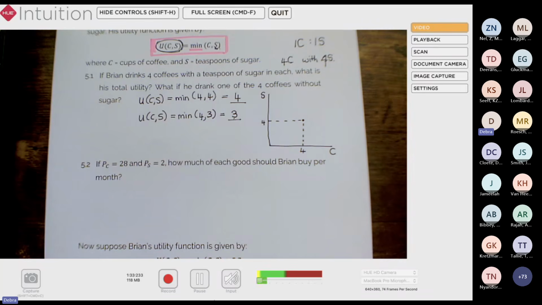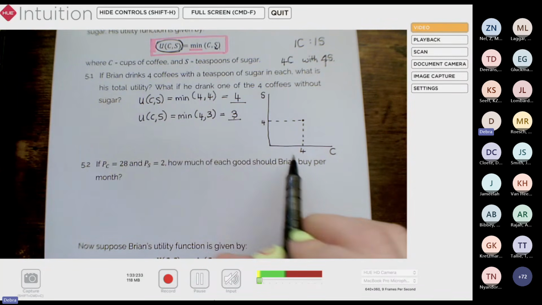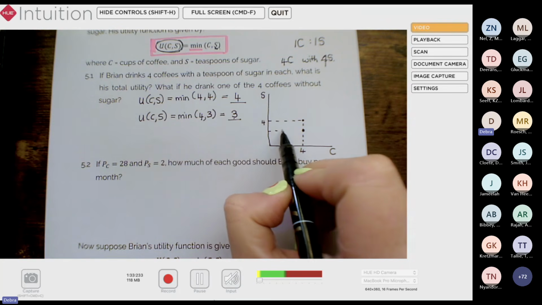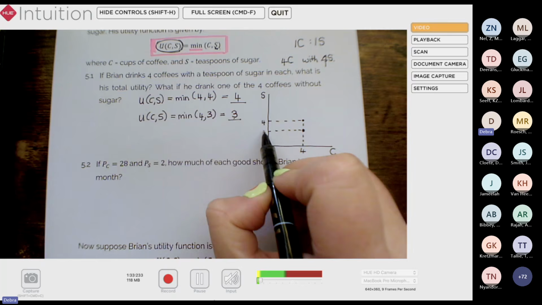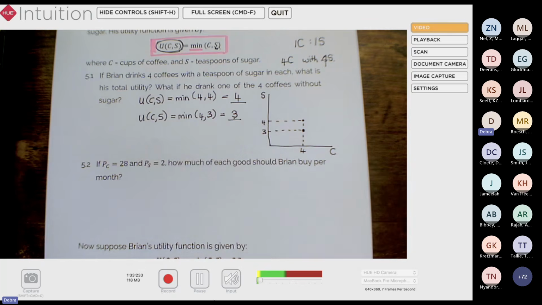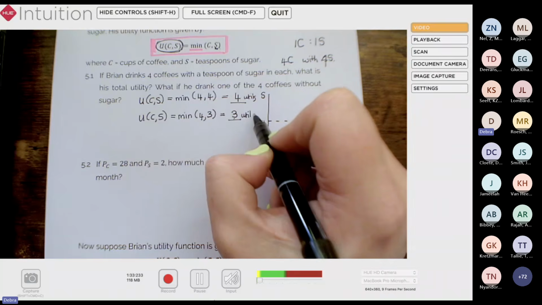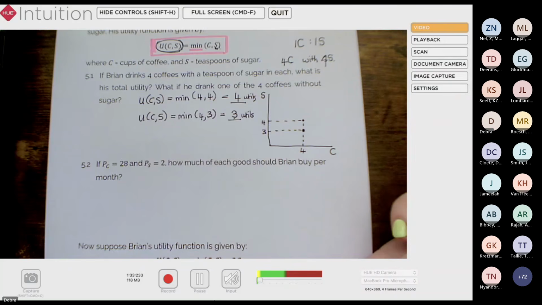If, on the other hand, he drinks his 4 cups of coffee with 3 teaspoons of sugar, he only gets 3 utils. We should actually put utils here because that's more correct. He would only get 3 utils of utility.